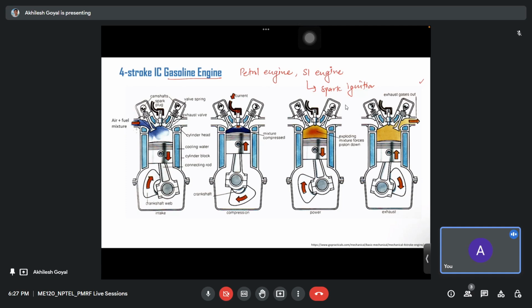Now what is the difference between SI engine and CI engine? As the name suggests, in the case of spark ignition engines, the burning of fuel starts with a spark.